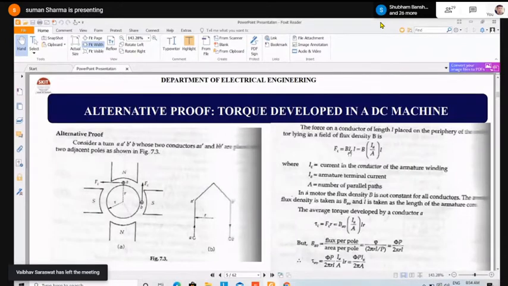Any problem? Force is BIL, where this IC is IA divided by A, the total armature current divided by the total number of parallel paths.